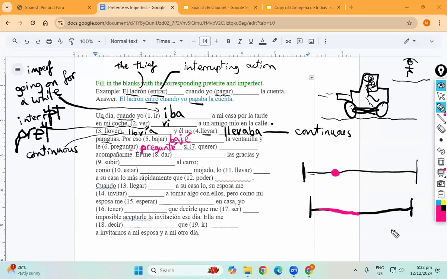Will he want over a period of time? I think so, right? Quería, if he wanted to accompany me, right? So over time, it's not a single completed action.